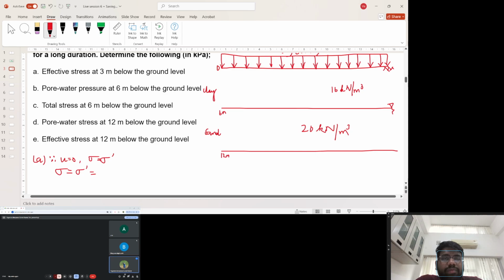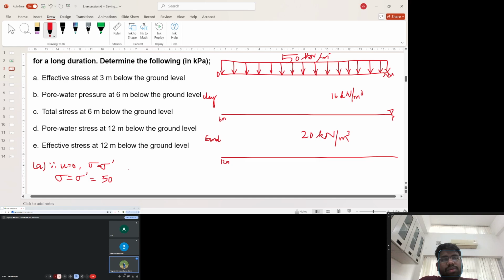So at every depth, whichever depth you are calculating, it will remain the same. So in this case, at a depth of 3 meters, it will also be 50 only. You should not multiply it with depth like you do for pore water pressures and total stresses. That is the point that you should take care of while solving the problem.